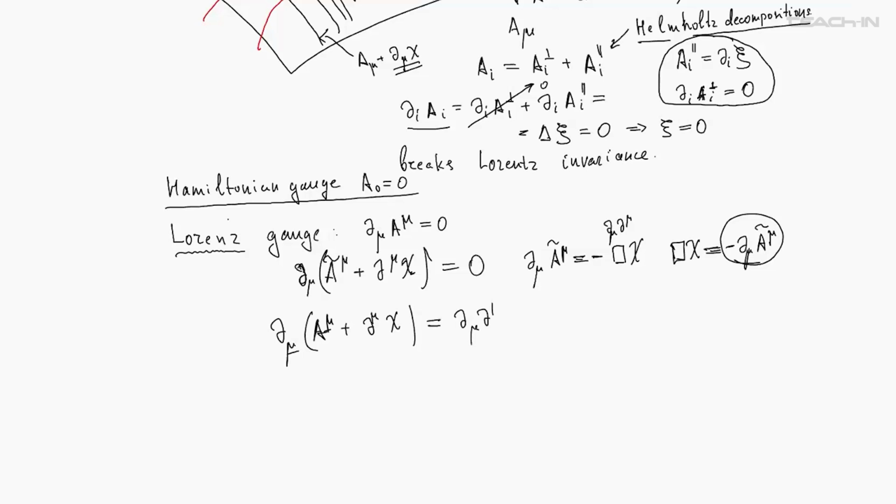So if your chi satisfies the homogeneous wave equation, box chi equal to 0, then such chi's can always be added to A mu without breaking the Lorenz gauge condition. And such wave solutions do exist; these are just waves in four-dimensional space. So adding them to A mu does not break the Lorenz gauge. This means that this is not a complete gauge choice.